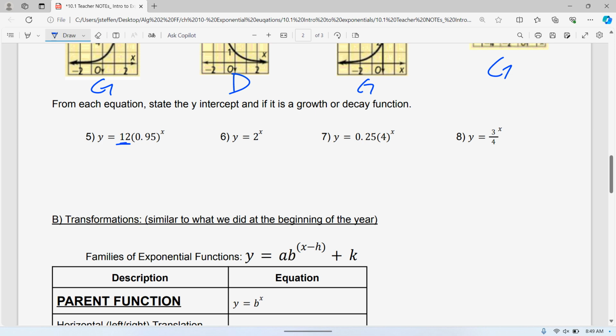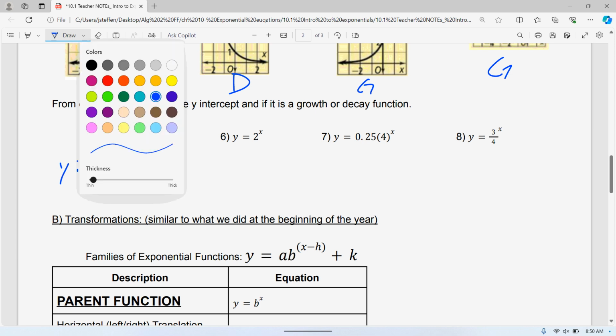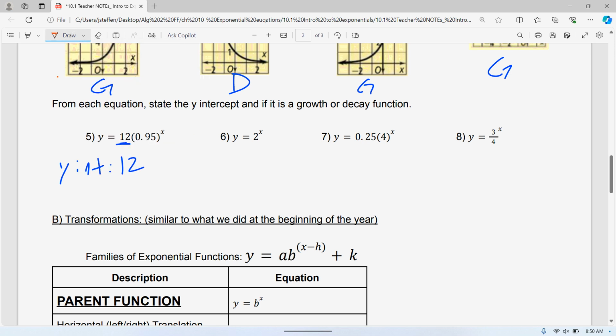Once we get to the transformations, we'll start with the y-intercept and move it up and down, left and right. But if I ask for your y-intercept for these graphing problems, it's just that. My y-intercept for this one is 12, and then you look at the base number. It is smaller than 1, so it's decay.